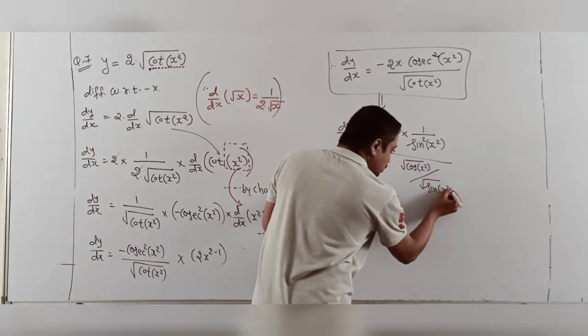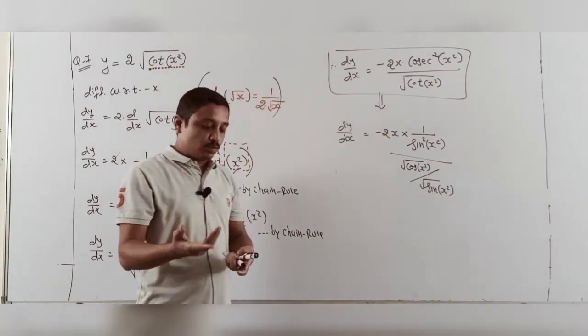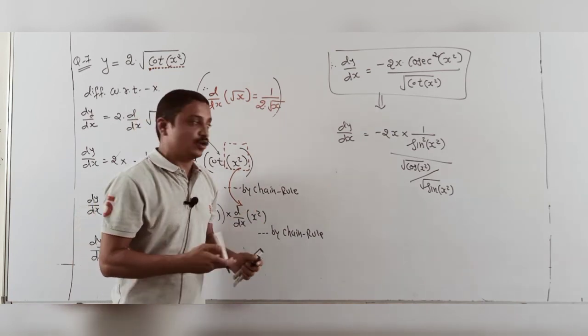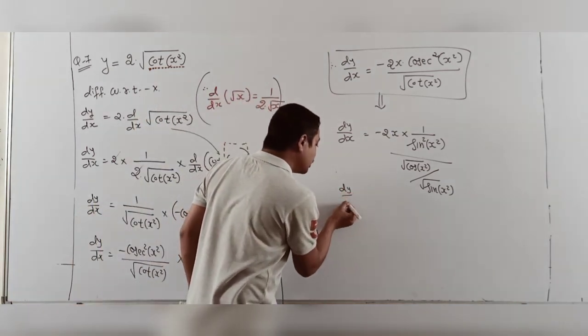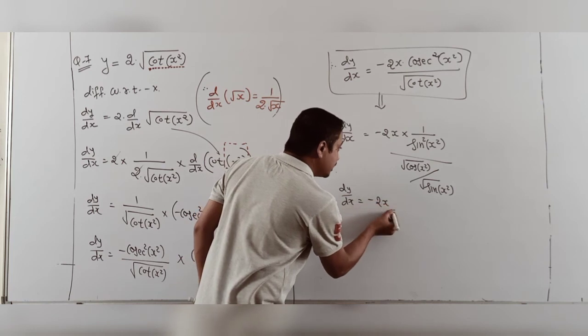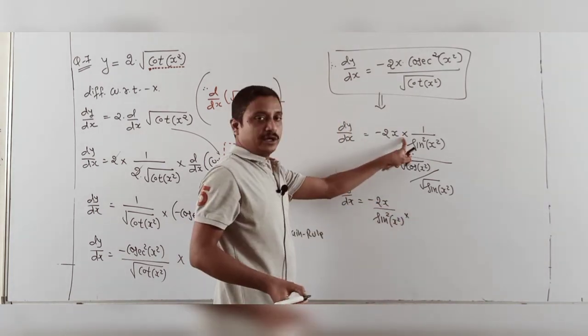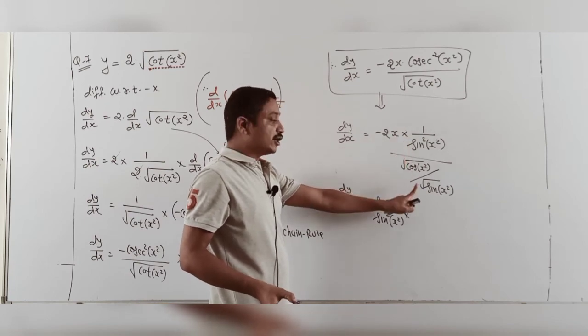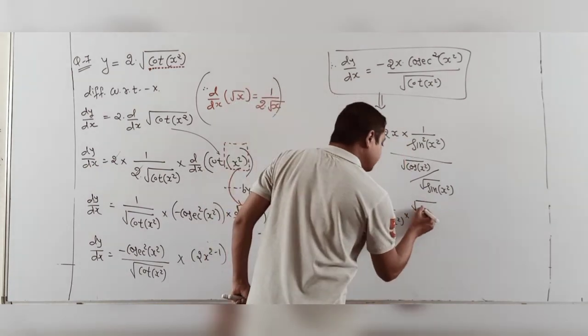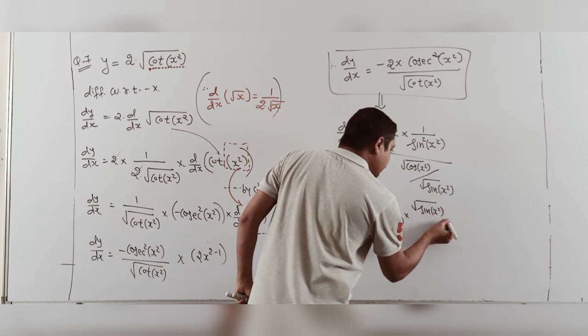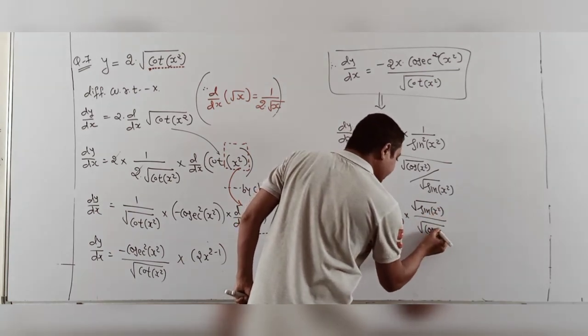So this answer is also true, students. Sometimes in the project type, questions ask in sine and cos. So you calculate further and get minus 2x by sine square of x square into denominator, numerator, so it is under root of sine x square by under root of cos x square.